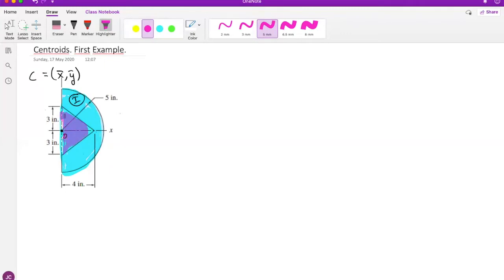So I have one triangle there, and I'm going to call this section 2, or area 2, or whatever name you want to put on it. So that's what you're dealing with. You have 2 areas.